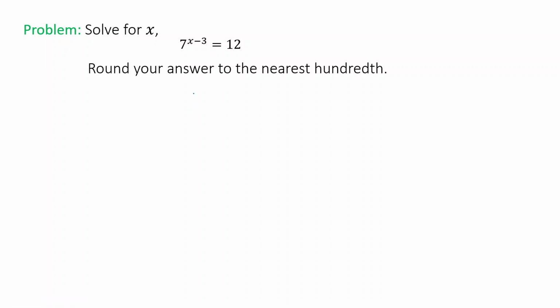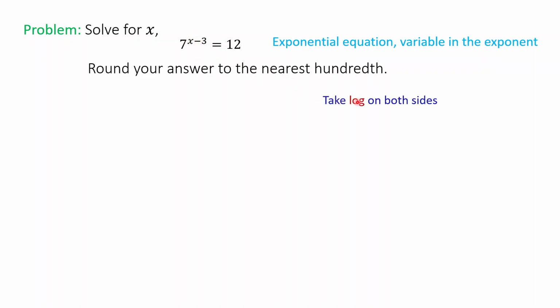Now I am going to do this problem. You need to solve this equation. This equation is an exponential equation. The variable is in the exponent. To solve this, you need to bring this down. For that, you need to take log on both sides.